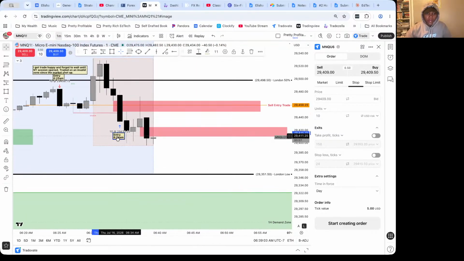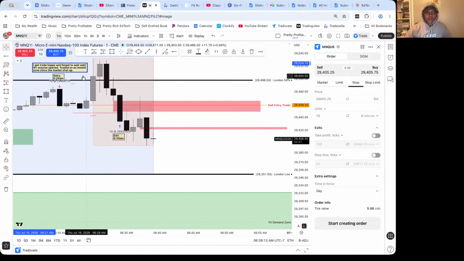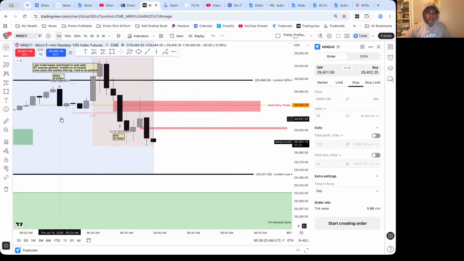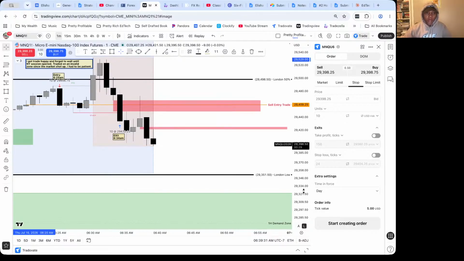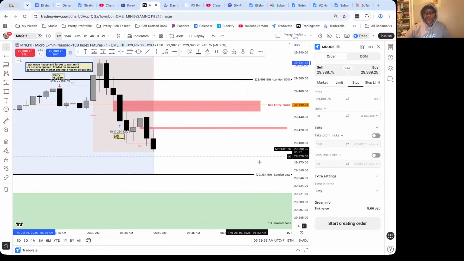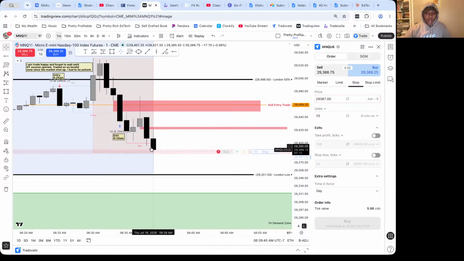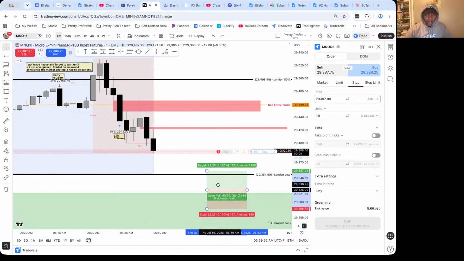Right here. Exit. I'm currently preparing for a buy opportunity, so I look for a long. Just have that ready, anything off of here.